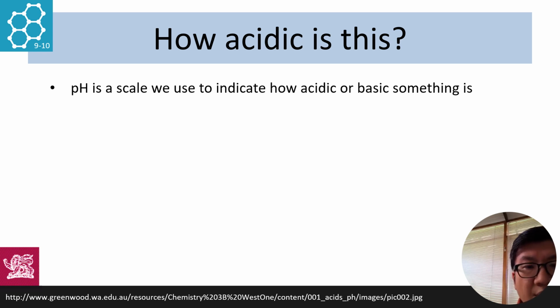So the pH scale is used to indicate how acidic or basic something is by looking at the concentration of hydrogen ions.